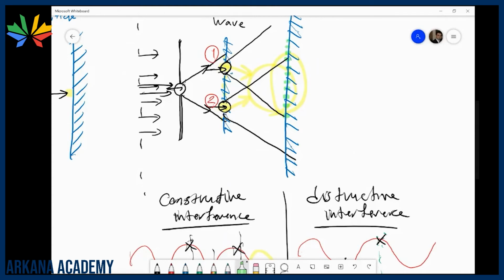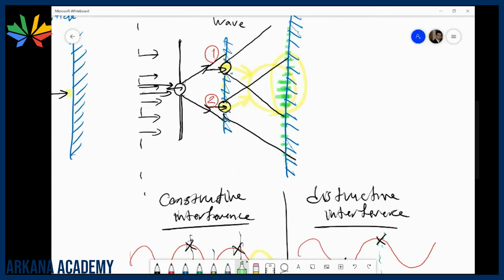And this is all because we want to show that light is moving in a wave form. The closer you get to the center, the more constructive interference you will see, and the more you go towards the sides of the screen, the less constructive interference you see.